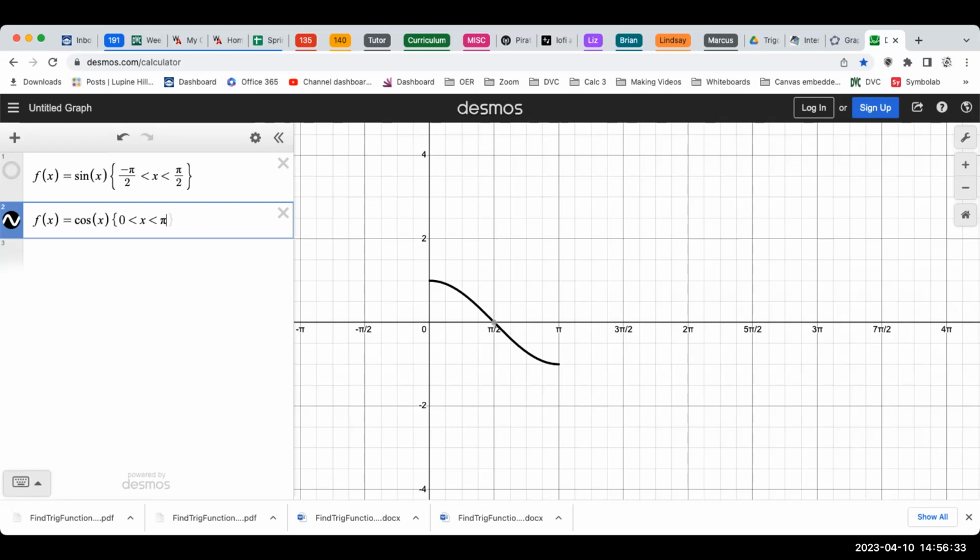What about the domain? 0, the one we chose. What's the range of this guy? Range are the y values. Still from -1 to +1. Okay.